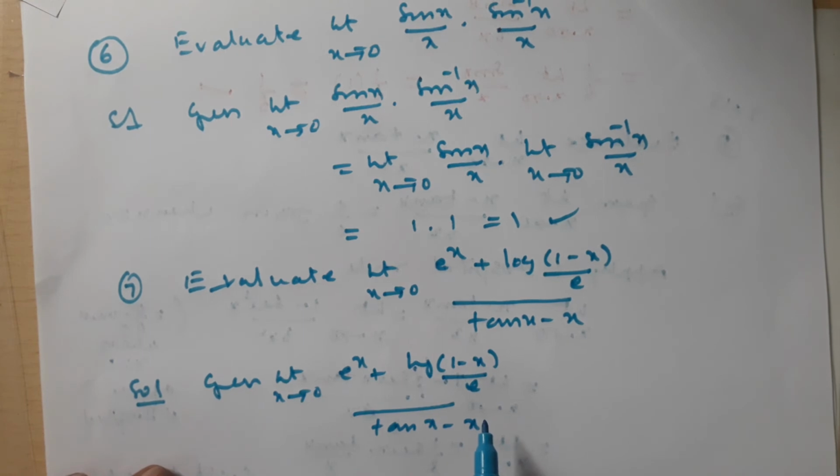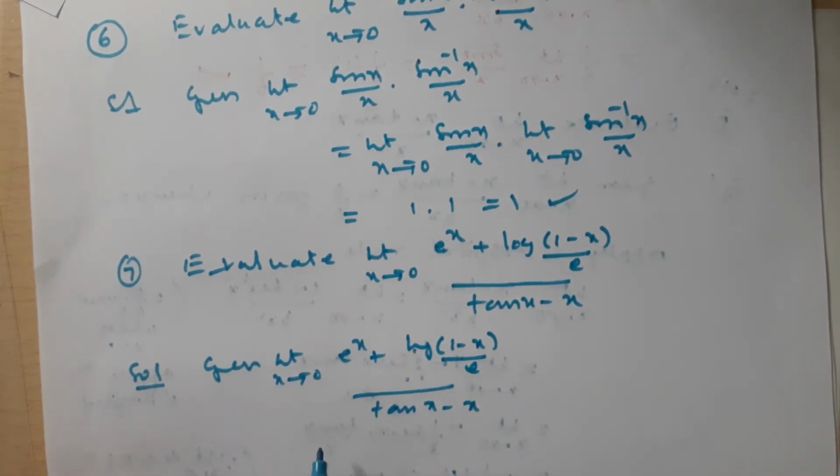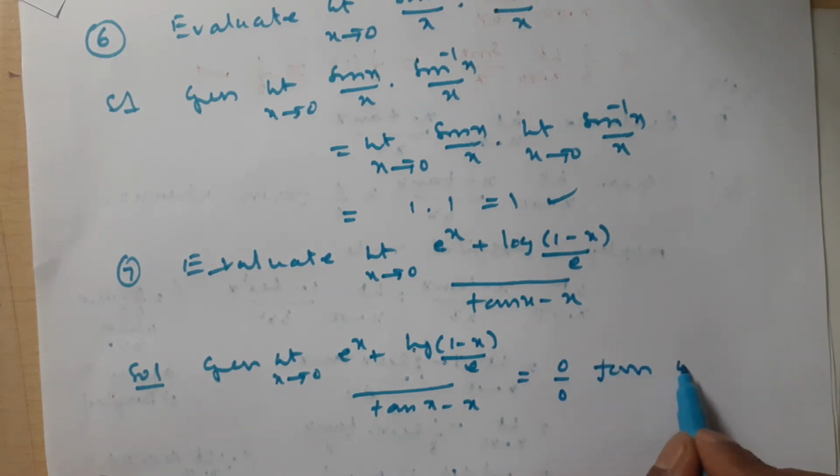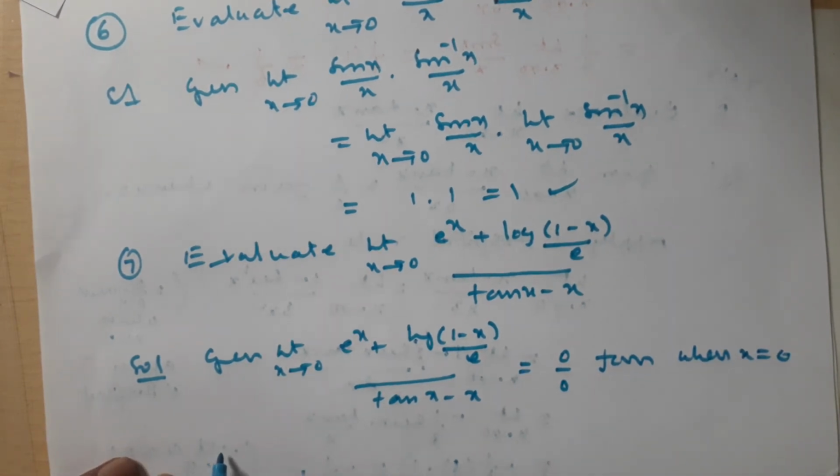Let us simplify; it is 0 by 0 form when x is equal to 0. Apply L'Hospital rule.